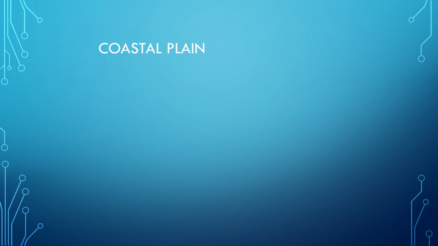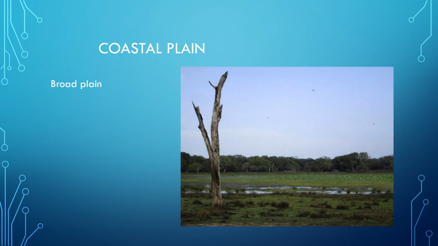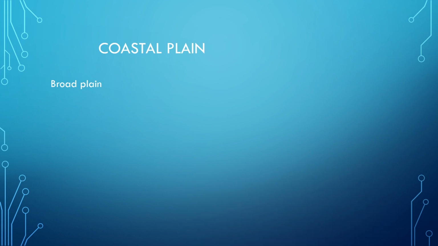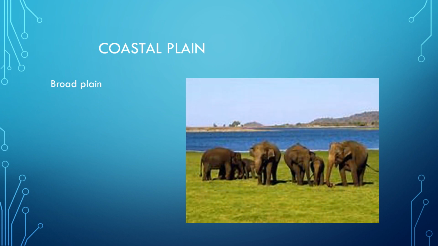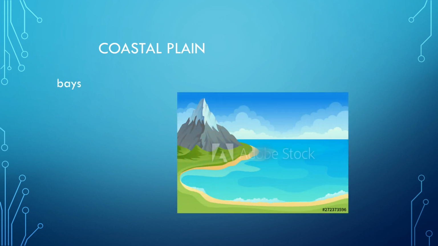Shall we see the topographical features on the coastal plain? First one is broad plains. Examples: Wilpattu, Yala. Second one is bays.